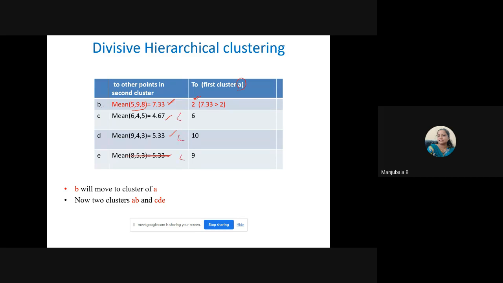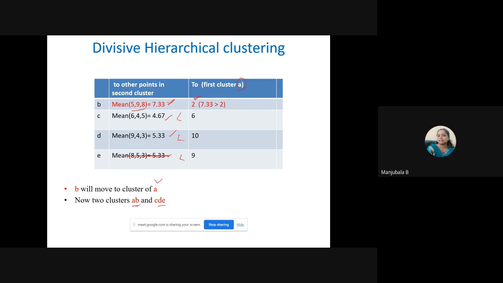So only for B, that means the point B is nearer to the point A. So we'll move the point B from the BCDE cluster to the cluster A. Now we have two clusters, but the points are changing. Now you see A, B and C, D, E. Next, we'll check whether any point from CDE has a chance to move to the cluster AB.